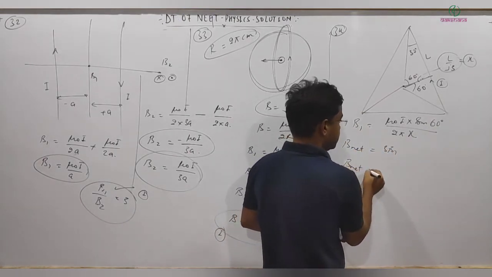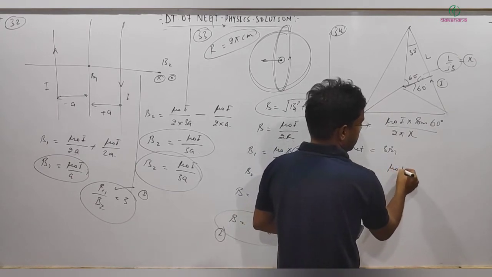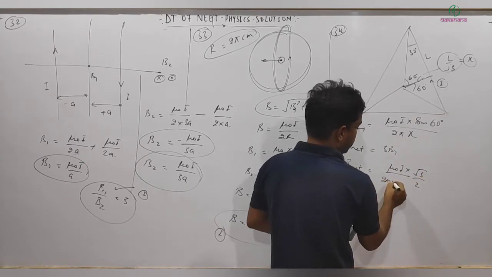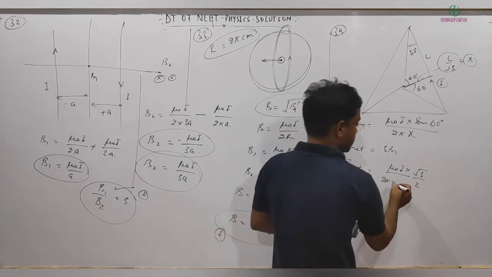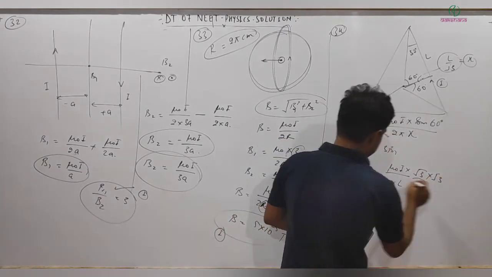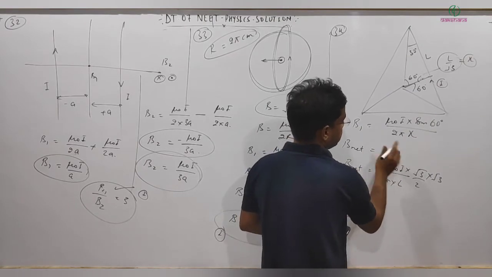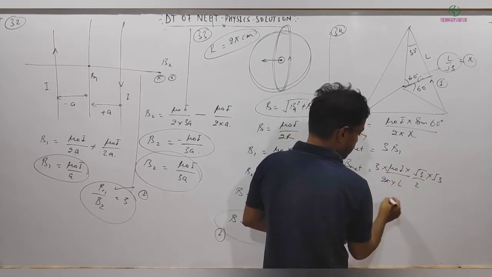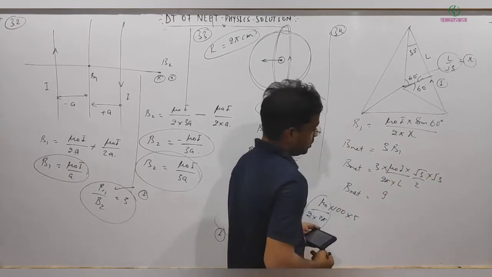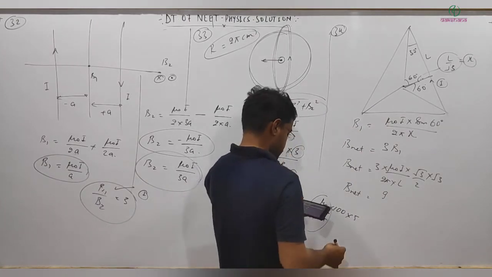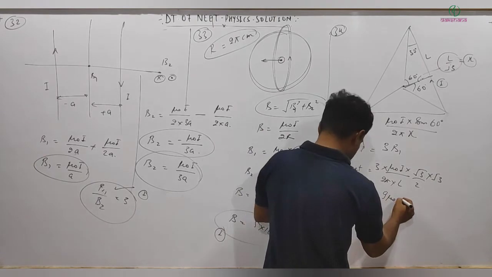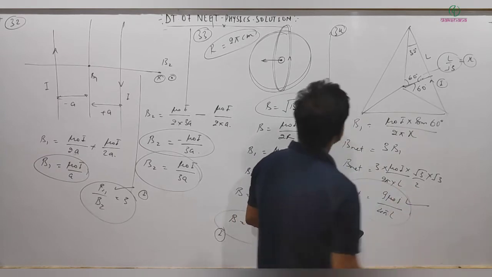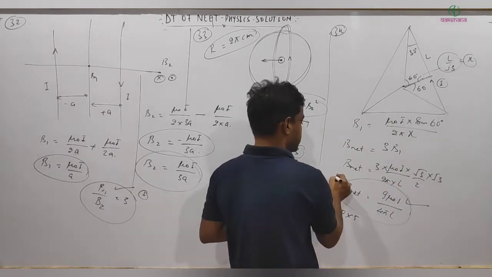So B net is mu naught I root 3 by 2 divided by 2 pi, and x is given as L by root 3, multiplied by 3. Simplifying it, 3 into 3 is 9, 2 into 2 is 4, yes, it's 9 mu naught into I divided by 4 pi L. That's the answer to question number 34, which matches with option 1.